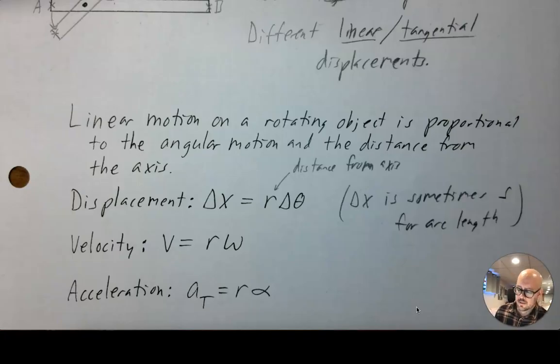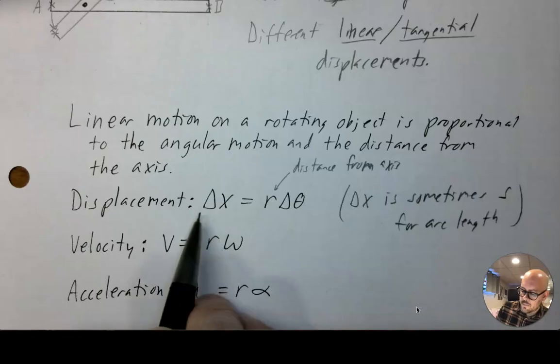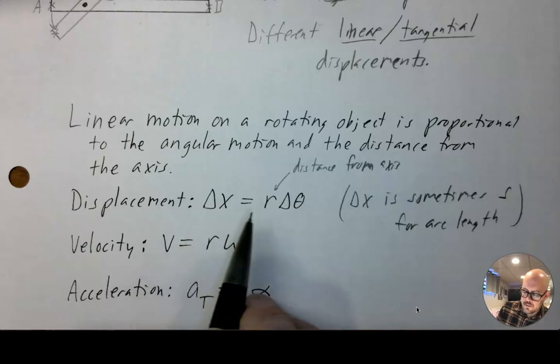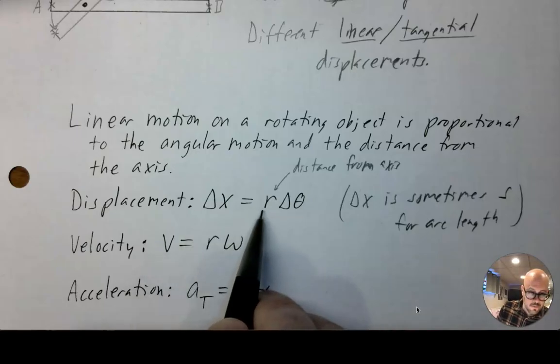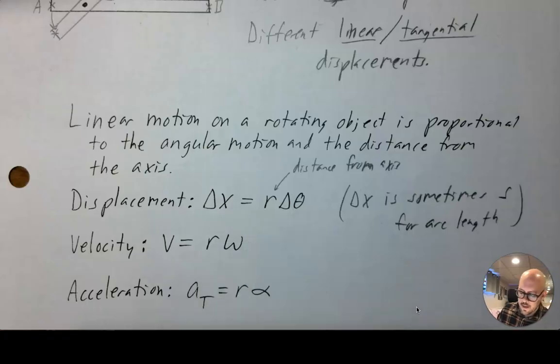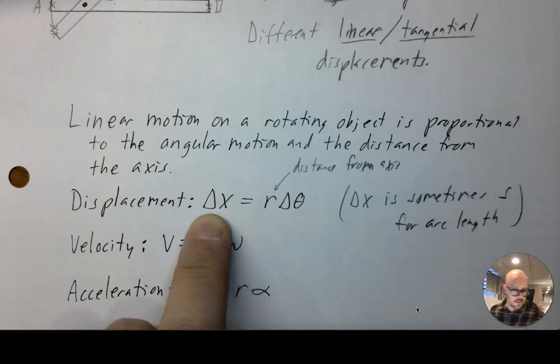And so it's the same thing. It's still linear distance, but it's just a linear distance over a curve instead of an exact straight line. So the linear displacement is equal to the distance the point is from the axis times the angular displacement. And this displacement is also in meters.